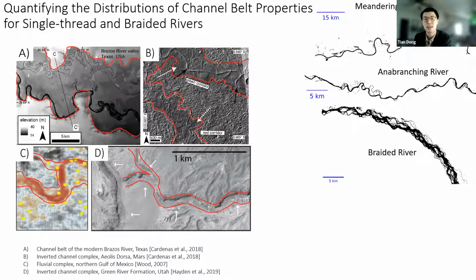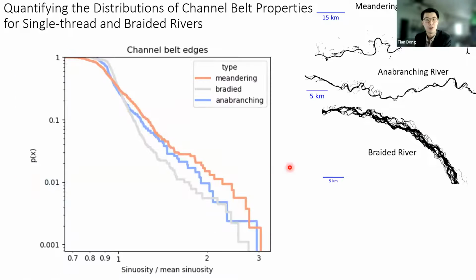Currently I have just three categories, and I'm hoping to expand river types more quantitatively. So currently I just have meandering river, branching, and braided. My current finding is that the sinuosity of the river branch changes, with very distinct distributions.